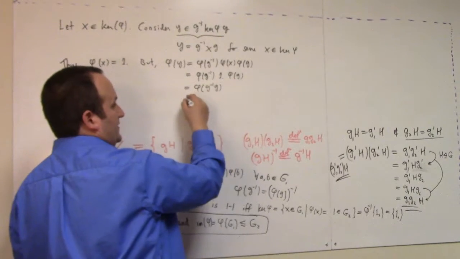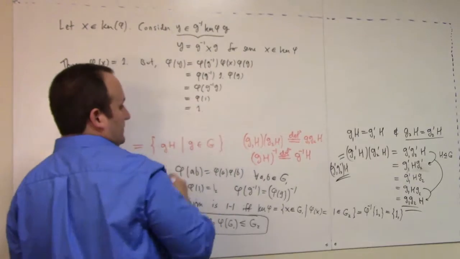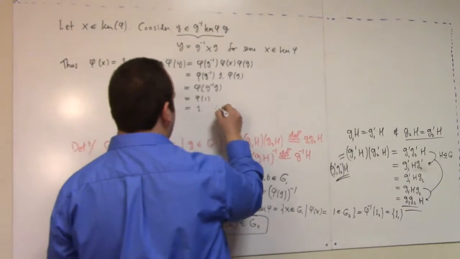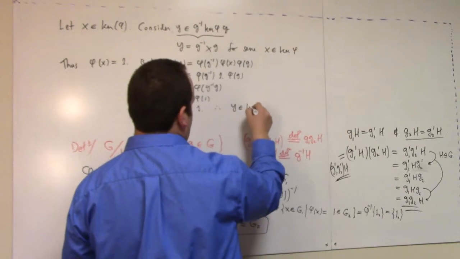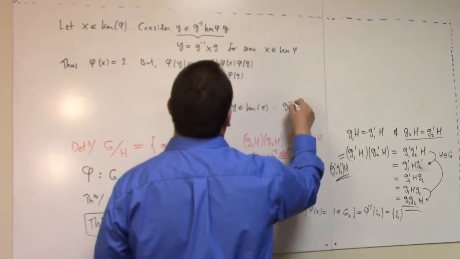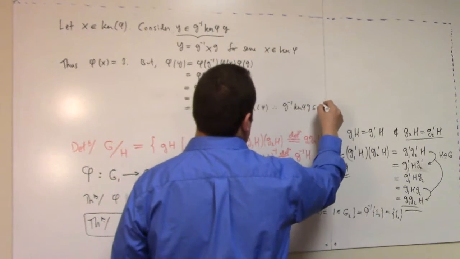And so of course that's phi of g inverse g, which is phi of 1, which again is 1. So therefore, y is in the kernel of phi. Therefore, g inverse kernel of phi g is a subset of kernel of phi.